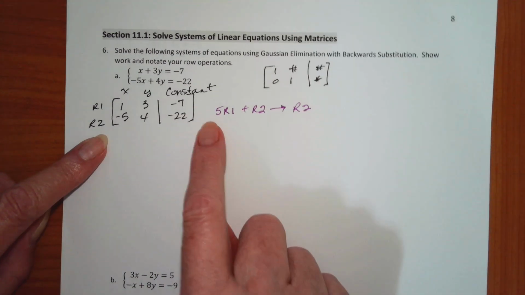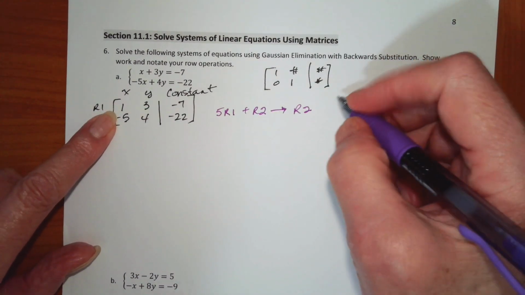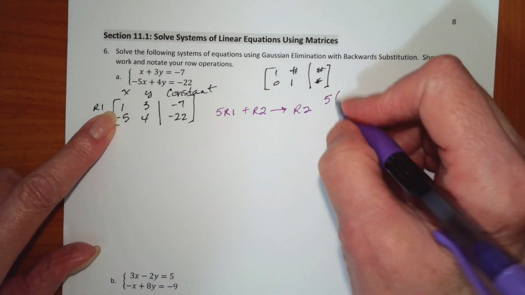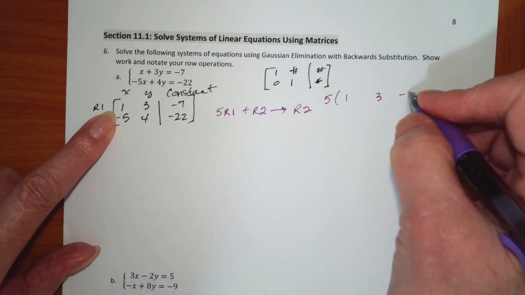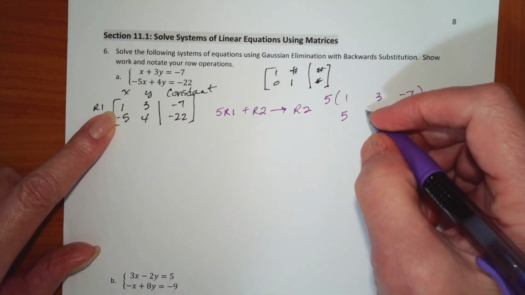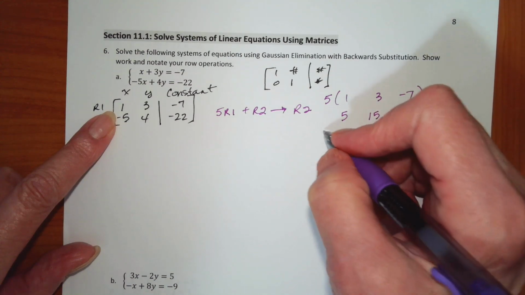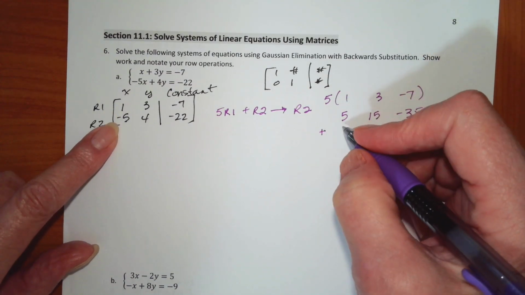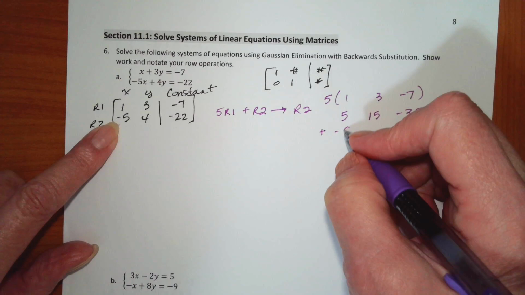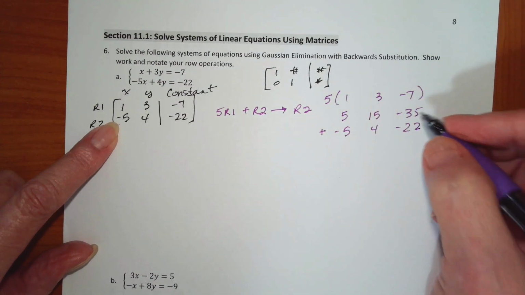Okay, so if I take 5R1 plus R2, 5R1 is going to be 5 times 1, 3, -7, which becomes 5, 15, -35. And then to that I add row 2, which is -5, 4, -22.